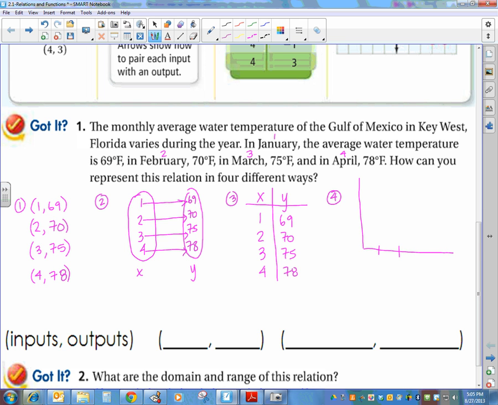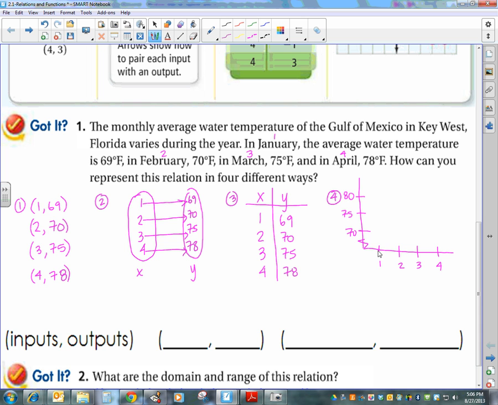Then we can put a little break in our graph because we're going to start at 70 and then go to 75 and then go to 80.